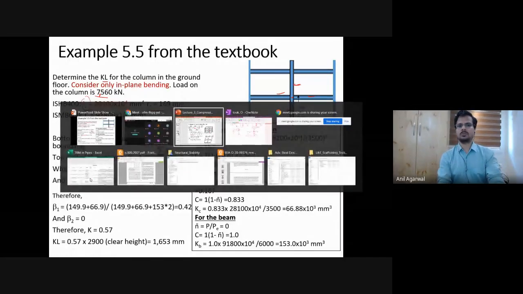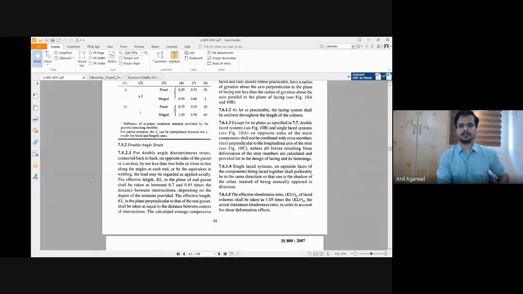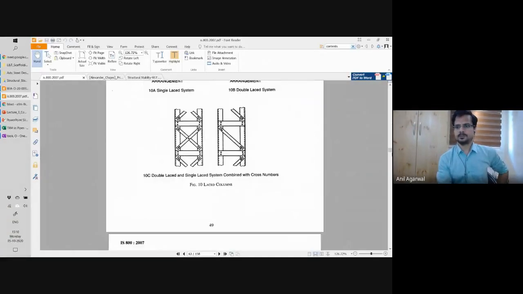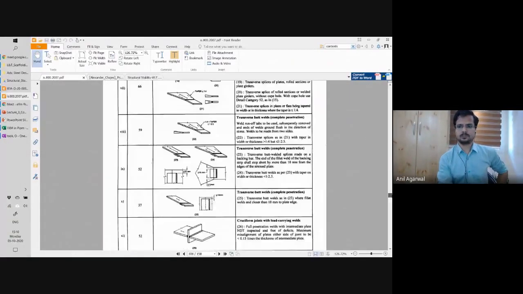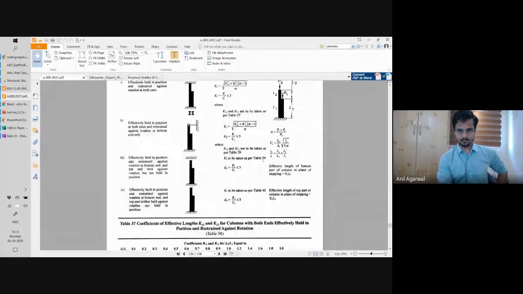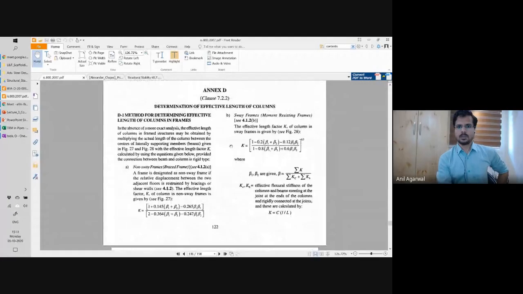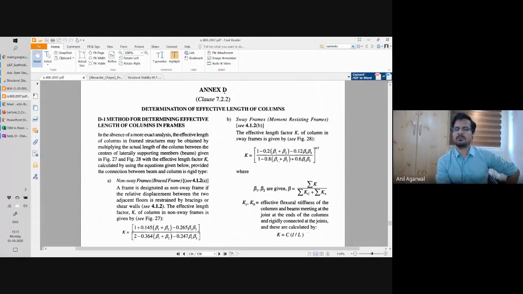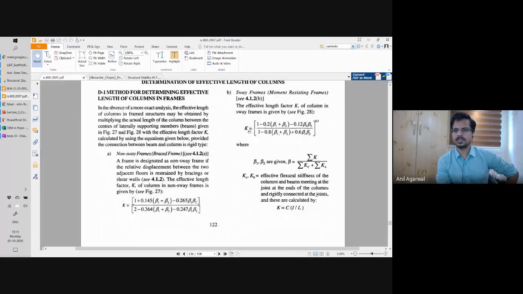So now let me take you to the IS 800. Yes. So this is the clause, annexure D. This is not part of the main code. It is a part of the annexure only. So this is how you calculate the effective length factor K. Okay.